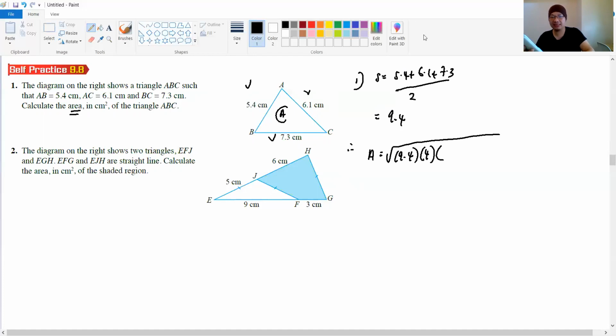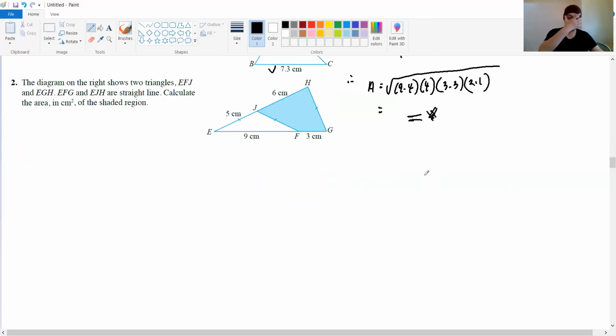Then 9.4 minus 6.1 is 3.3, and 9.4 minus 7.3 is 2.1. Compute everything and you get the answer. Please calculate and tell me the answer on the live chat here. Okay, settled for the first question.